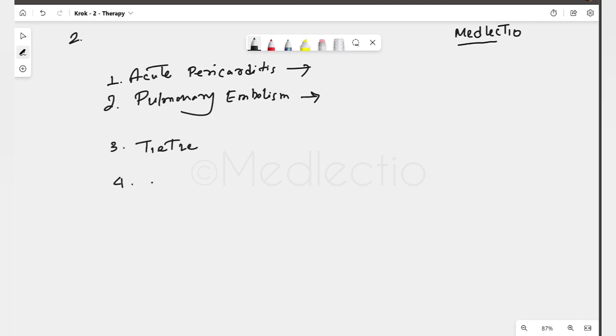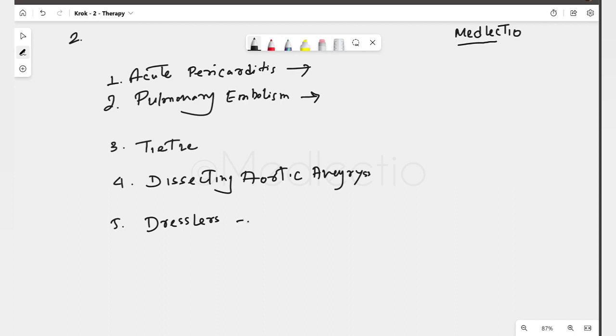Number 4, dissecting aortic aneurysm. And the fifth one is Dressler. First we need to know about the diseases, then we can differentiate, right?